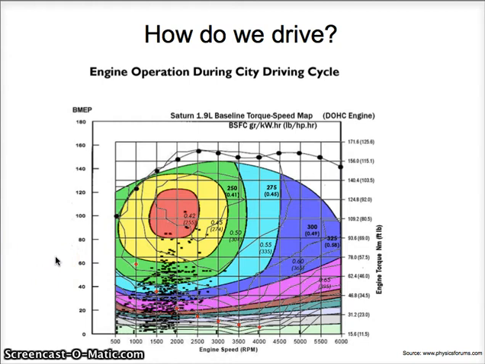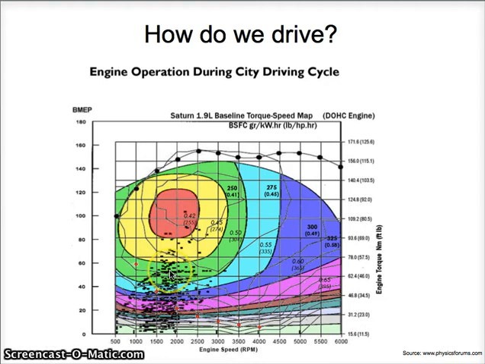This chart is showing a normal passenger car in a city drive cycle, equipped with a 1.9 liter normal engine. Here you have the engine speed, you have the engine load either by torque or by the BMEP, and here you see the efficiency of the engine, and up here you have the sweet spots where we have the highest efficiency.